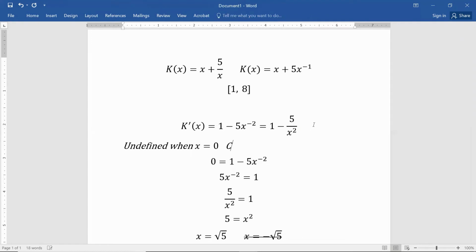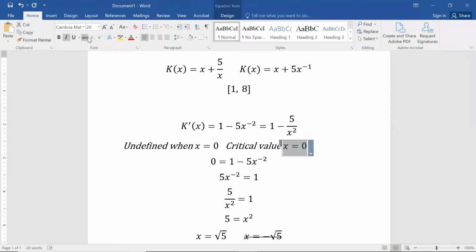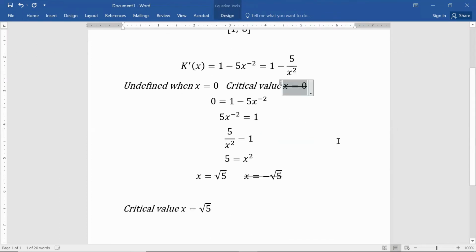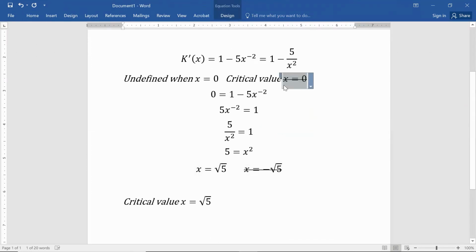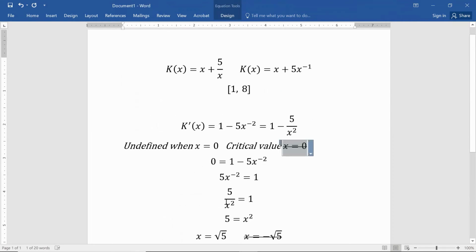So that's another critical value that we would have needed to consider, but I knew that wasn't going to work because 0 is not in my interval between 1 and 8. So x equals 0 can also be scratched if I'd like. So we kind of had 3 critical values, 2 of which we scratched, 1 of which we kept, and then we're keeping the endpoints as well.